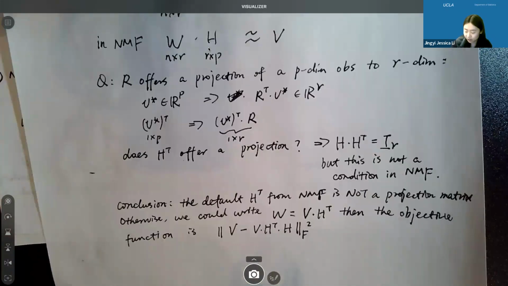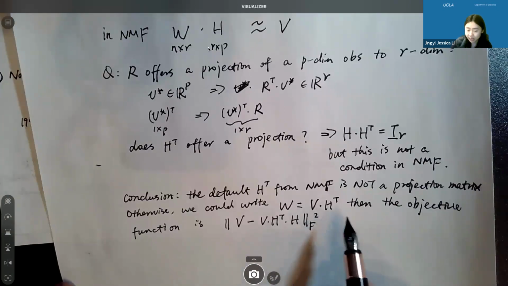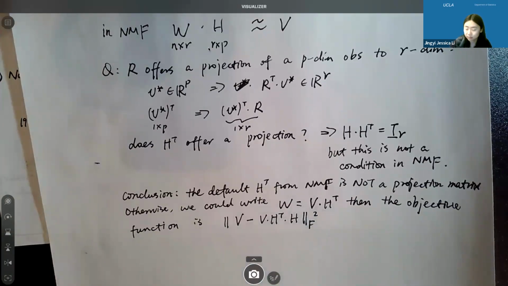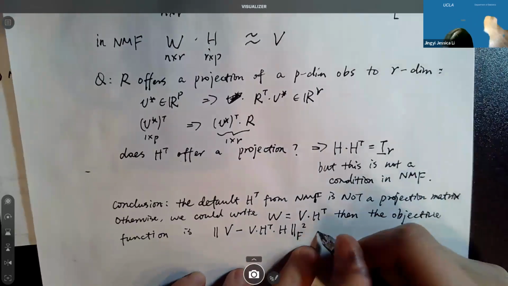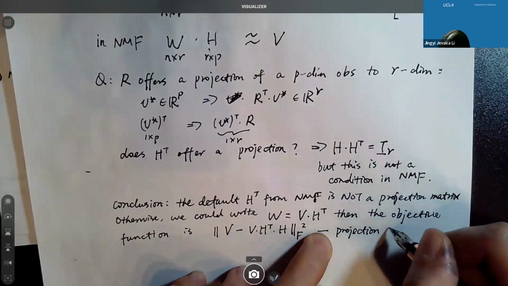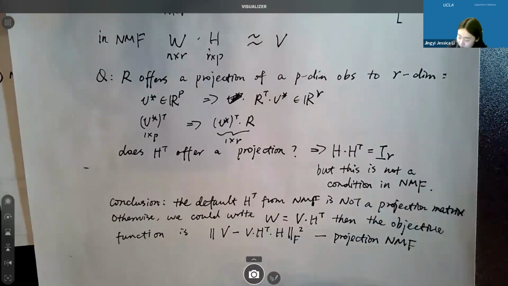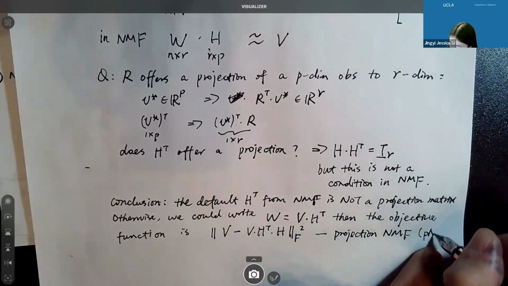So motivated by PCA, we can change to this by adding the constraint that the elements of H are still non-negative. Okay, and this modification actually has a name. This is called the projection non-negative matrix factorization, so projection NMF, or you can write it in short as PNMF.